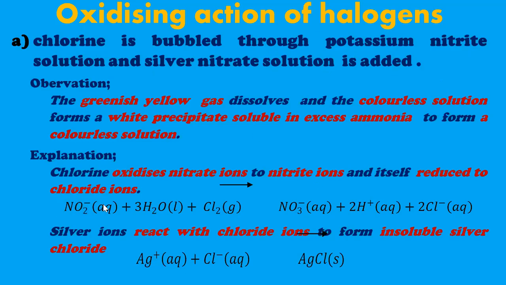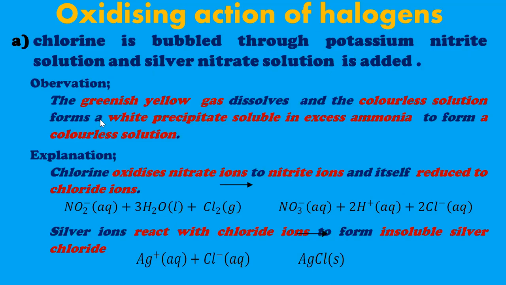The nitrite ions are oxidized to nitrate ions, and the chlorine is reduced to chloride ions. It's now these chloride ions that react with silver ions to form insoluble silver chloride that will appear as a white precipitate at the end.